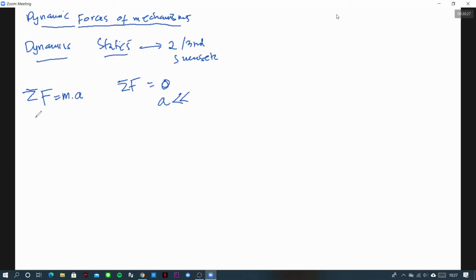The second method is by using energy, which is T1 plus V1 equal to T2 plus V2. And the last one is by using the momentum, either the linear momentum or angular momentum. You remember that? Angular and linear momentum.